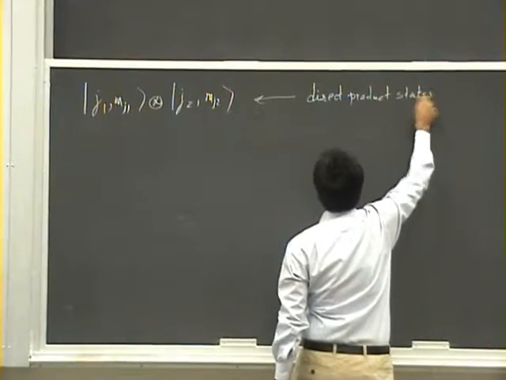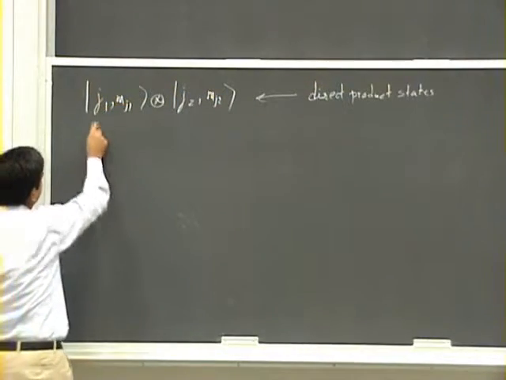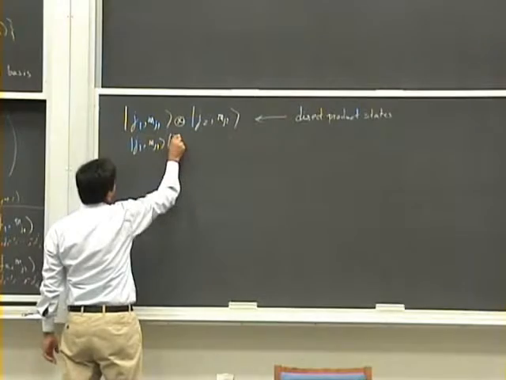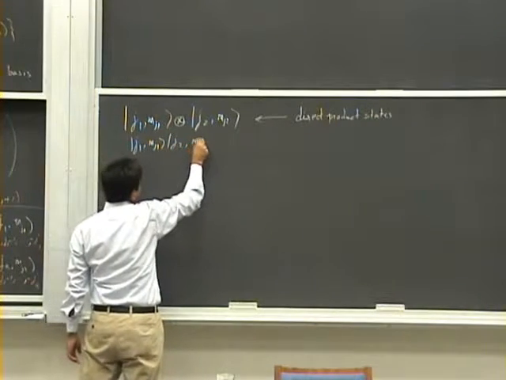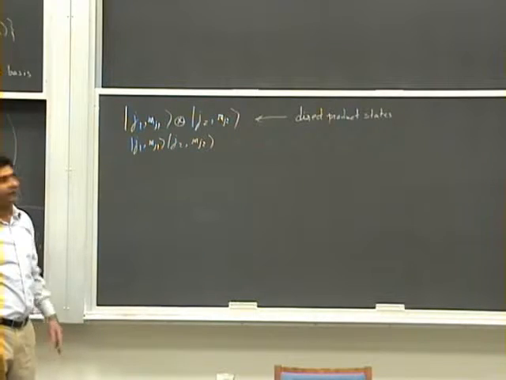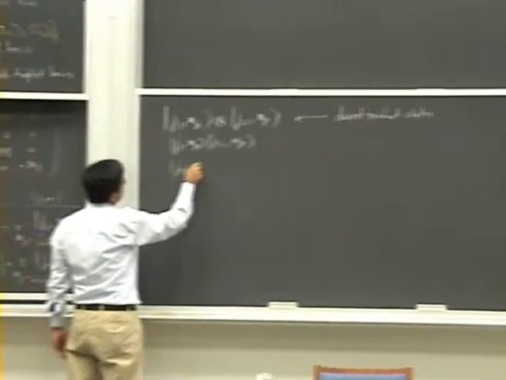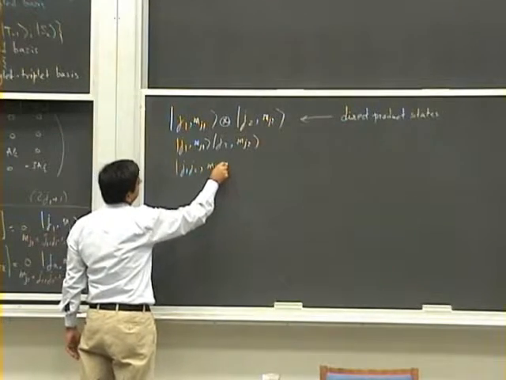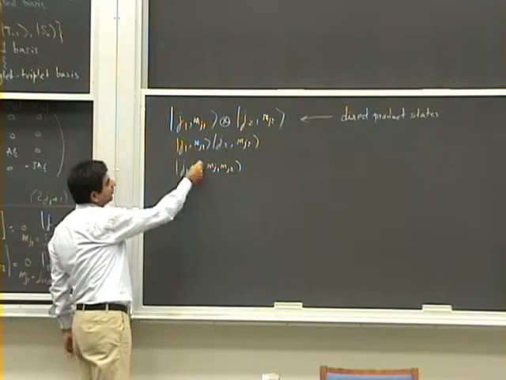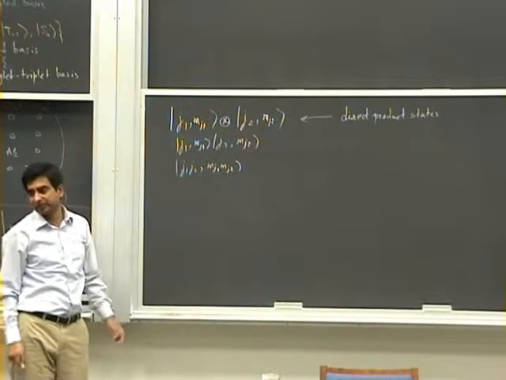Now these could also be written as |j1, mj1>|j2, mj2>. Right? Different authors would try to write this differently. For example, some authors would write these states as |j1, j2, mj1, mj2>. Okay? Some would put a semicolon here, some would put colons here. So there are different ways of writing these direct product states.